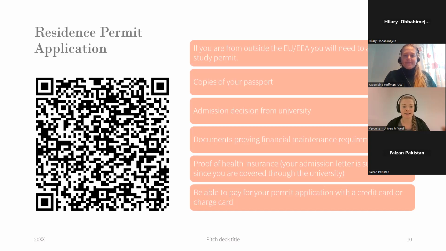There you can find the different insurances for exchange students, for EU students, and for fee-paying students. Yes, and you have to make sure that you're able to pay your permit application fee; a credit card is easiest.